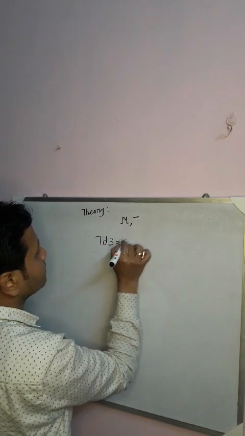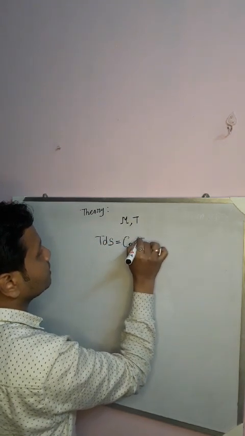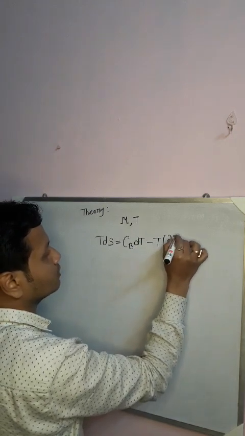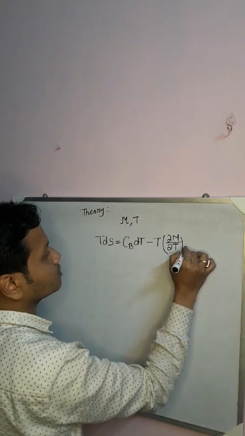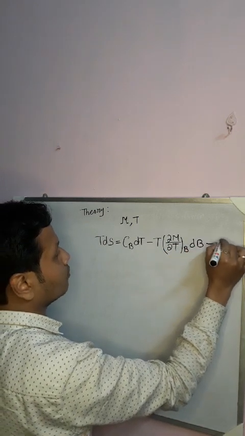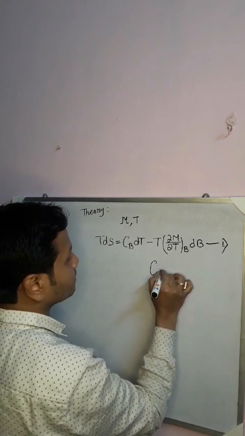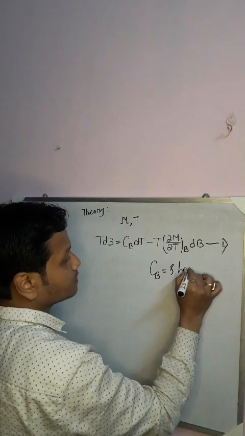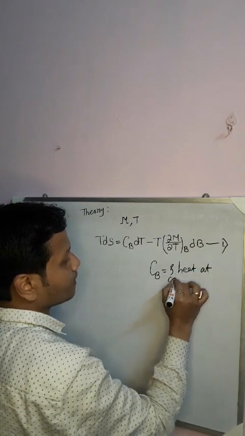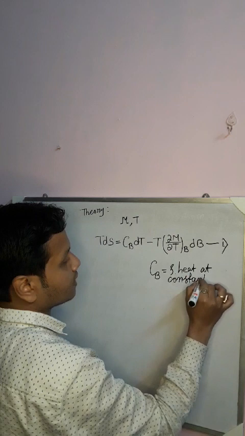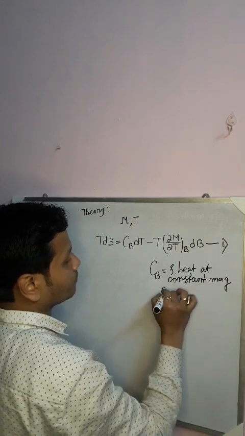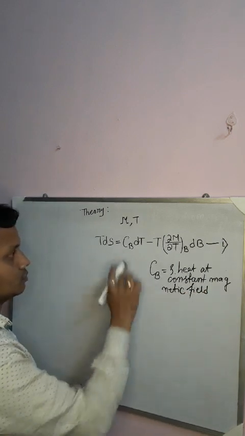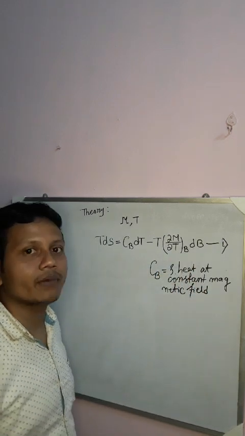We get TdS equals C_B dT minus T (del M/del T) at constant B dB, where C_B represents the specific heat at constant magnetic field. So this is the second TdS equation for a paramagnetic substance.